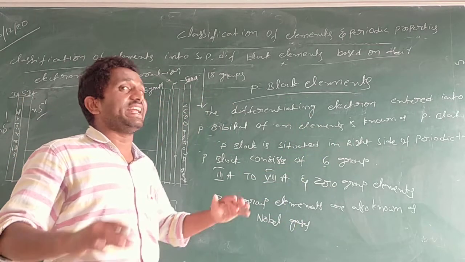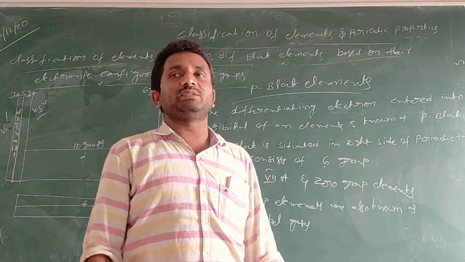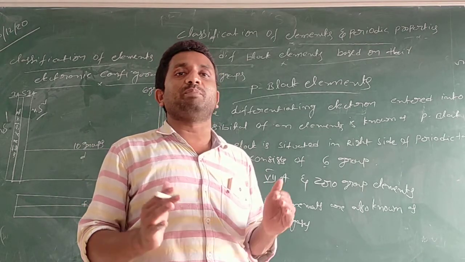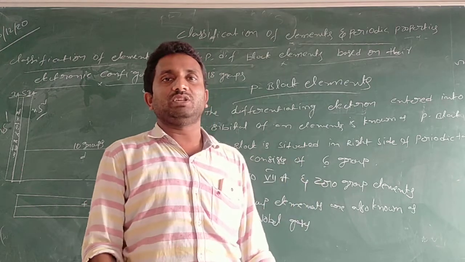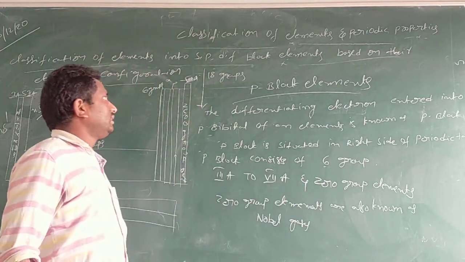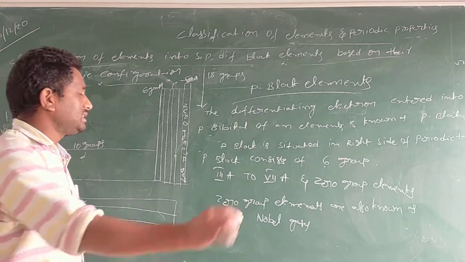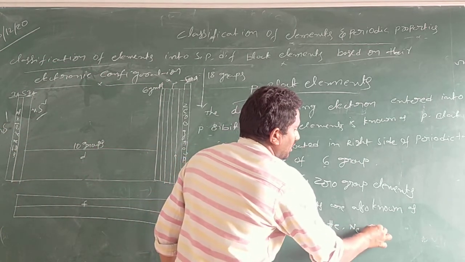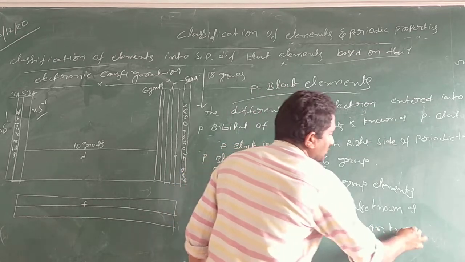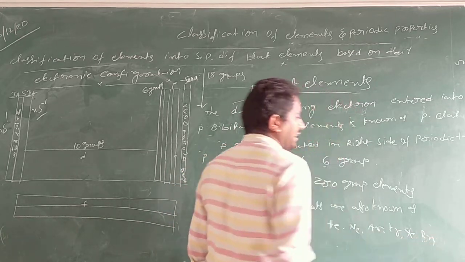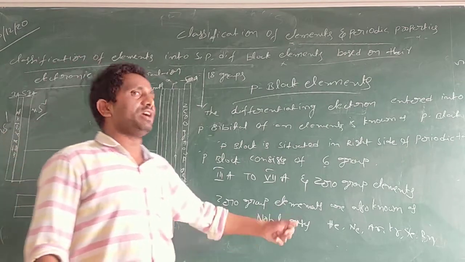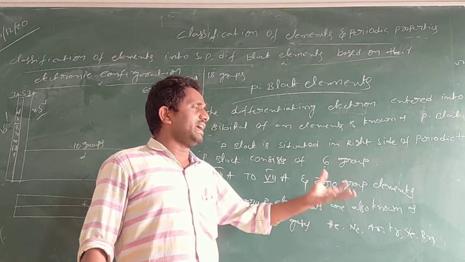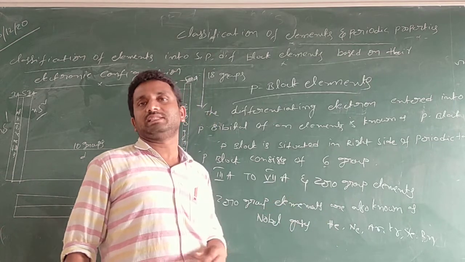These are unreactive elements because all their shells are completely filled with electrons. For example, the 0 group elements are helium, neon, argon, krypton, xenon, and radon. Why are they called noble gases?